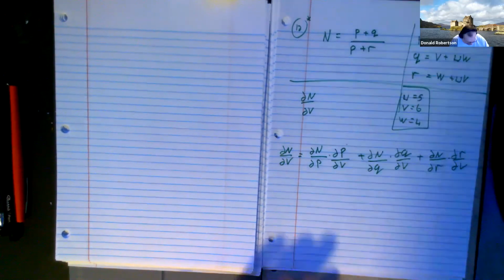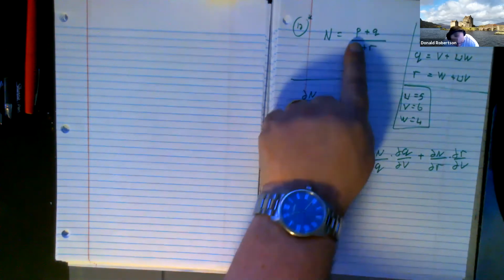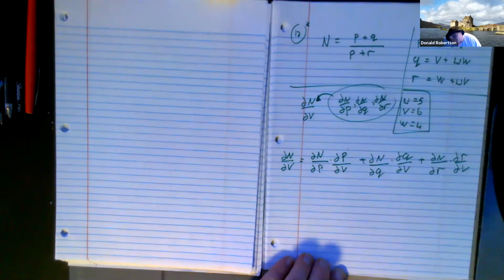Let's see why that works. That's a very unusual way of doing the chain rule. Normally, they'd ask you for one of these, right? That's what you would have expected. That's what I was expecting. But they didn't. They asked us for this guy.